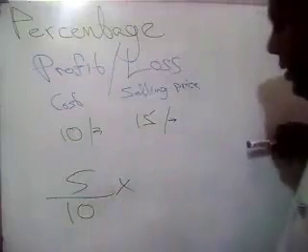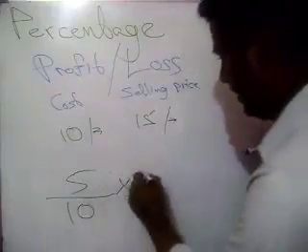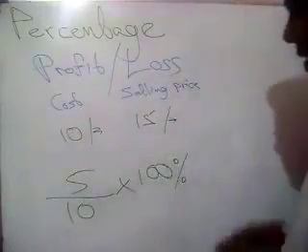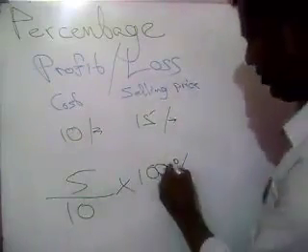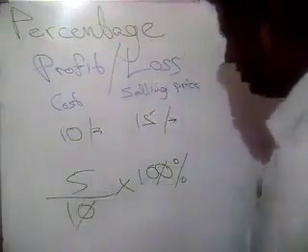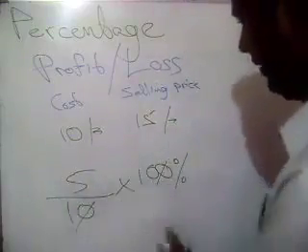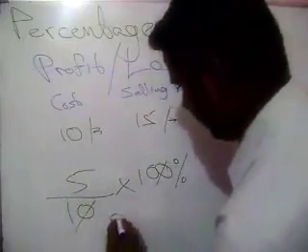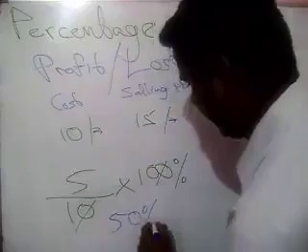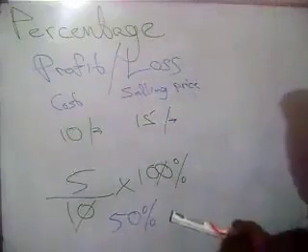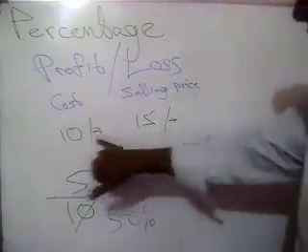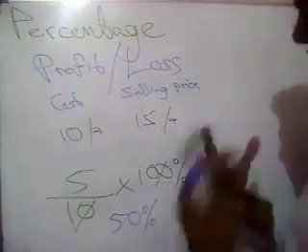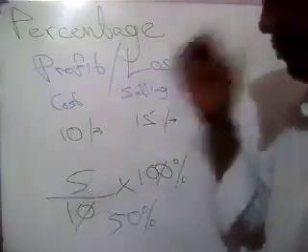Let's say you calculate the percentage this way. You multiply it by 100. So this 0 goes for this 0 here, and 5 times 10 is 50%. So by selling a good for 15 rupees which only costs you 10 rupees, you made a profit of 50%.